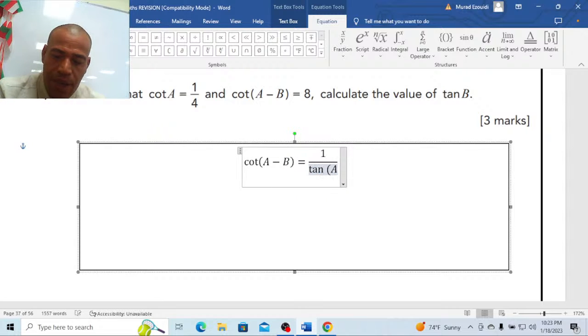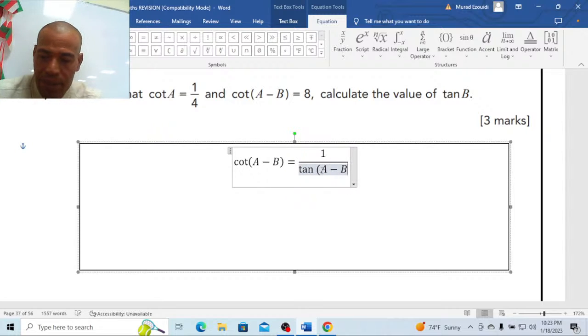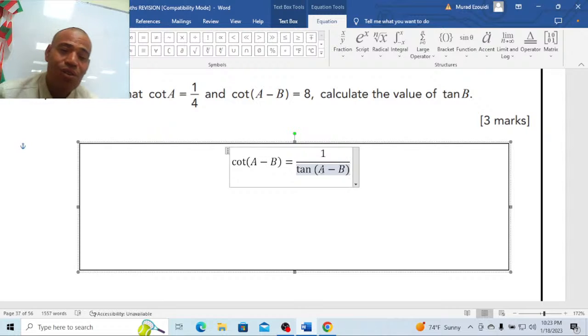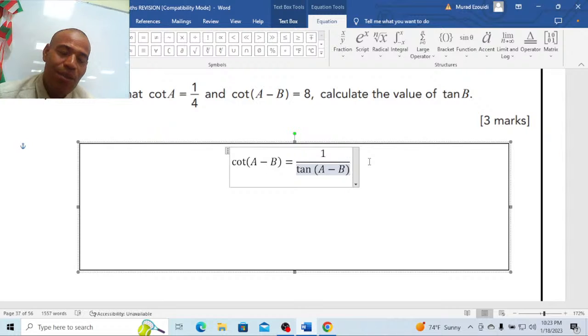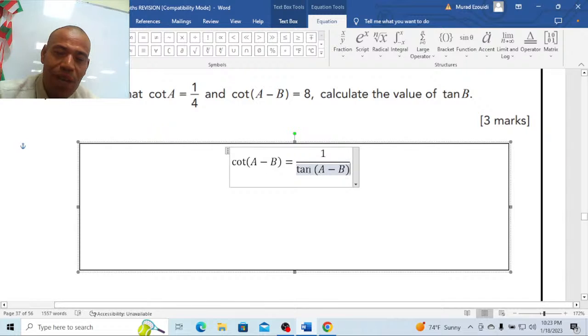Now, learners, you know that tangent of A minus B is in fact equal to tangent A minus tangent B, all divided by 1 plus tangent A multiplied by tangent B. So I prefer to write this.